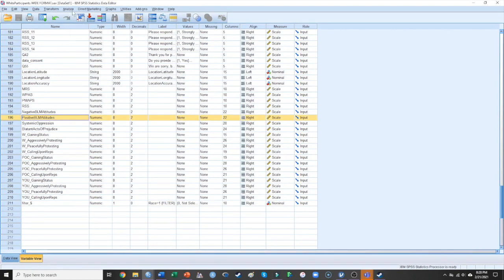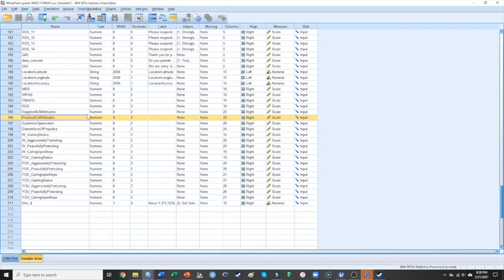So this was on a 1 strongly disagree to 9 strongly agree scale. Higher scores on that 1 to 9 scale indicate more positive attitudes toward Black Lives Matter. Lower scores indicate more negative attitudes toward Black Lives Matter.